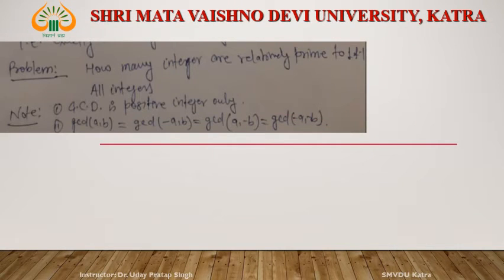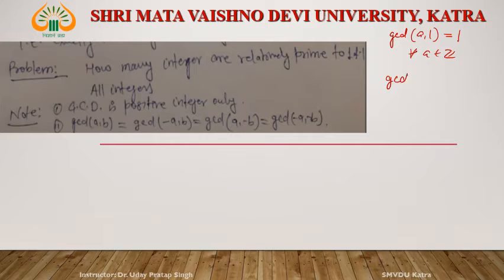How many integers are relatively prime to 1 and minus 1? See, 1 is relatively prime to every integer. For example, GCD of A with 1, what is that? Always 1, for all A belongs to Z, right?